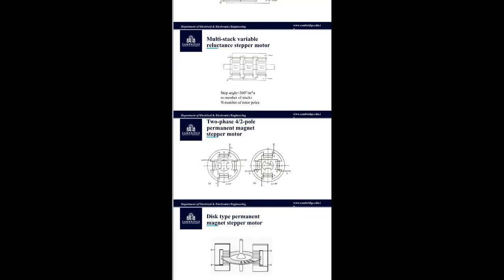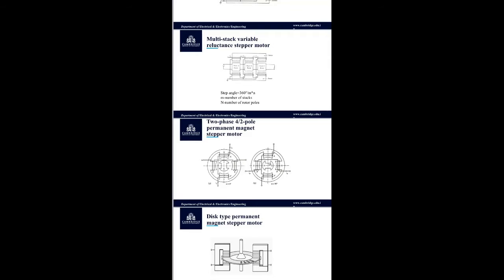So in figure B, you all can see here, what happens is when the phase A is excited, the current will flow through that. What happens then? The rotor will align to the phase A, that is left side.